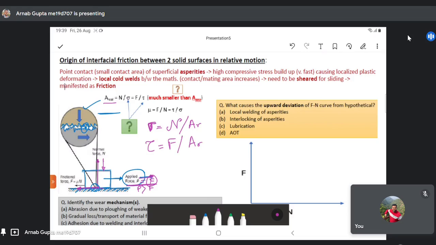So there is one fundamental question: from here you can write AR equal to N by sigma, equal to F by tau.